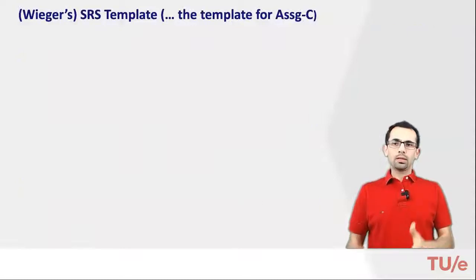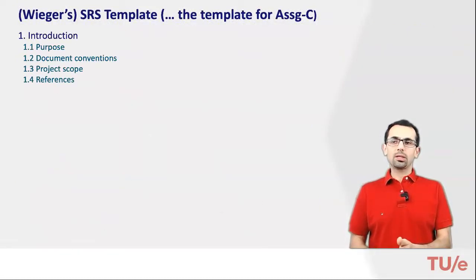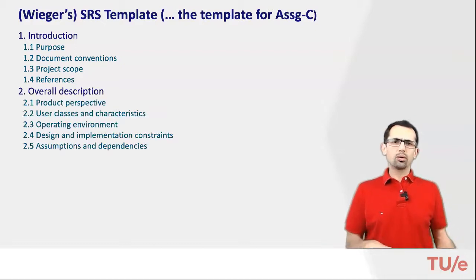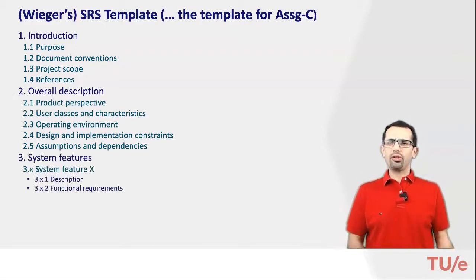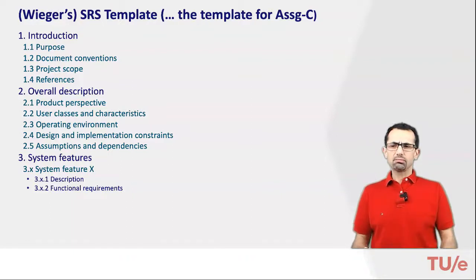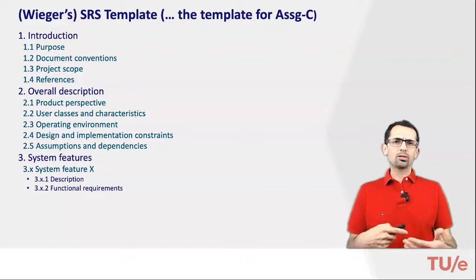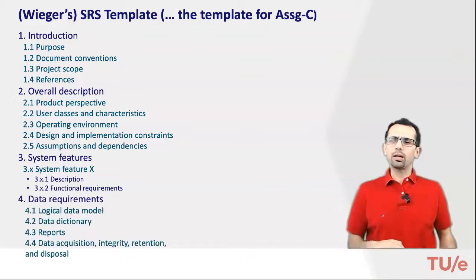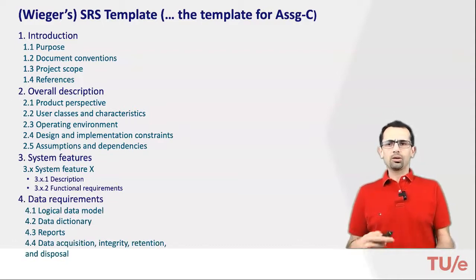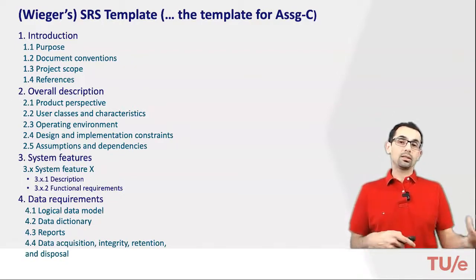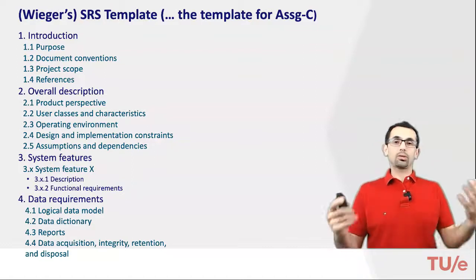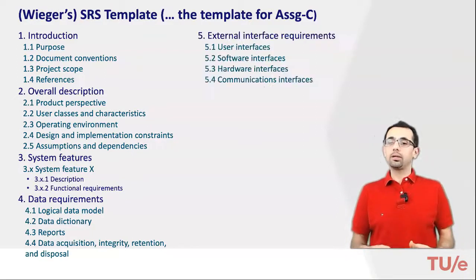Good. Template that in fact you also follow for your assignment C: introduction, overall description of the software, system features. You can have different ways to structure this particular part. Data requirements, logical data model or the data dictionary, or you can also have ER or class diagrams here.